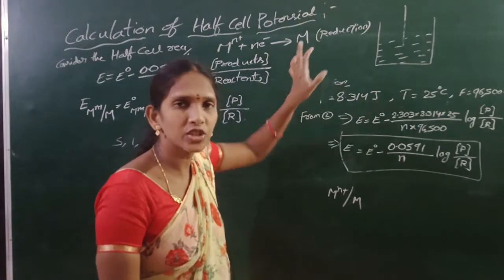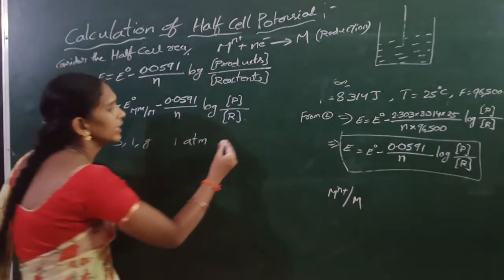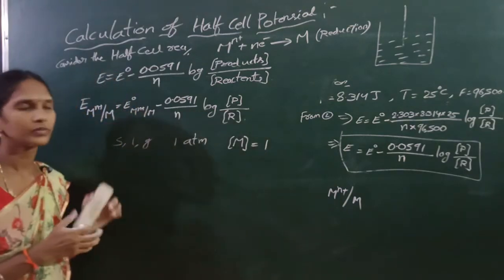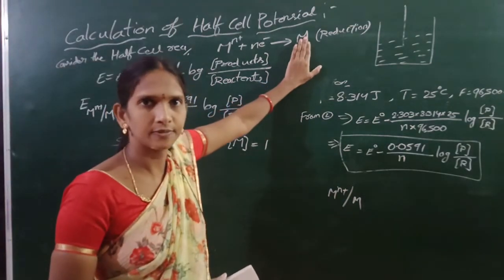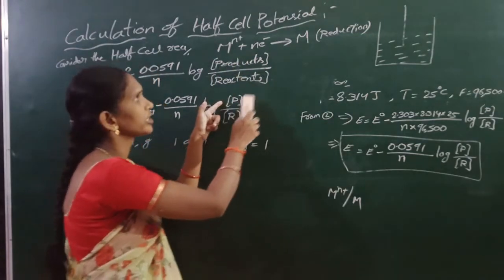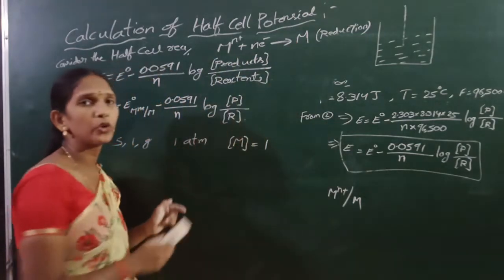The molar concentration is taken as unity. That means the concentration of M is 1. Here M means products, these are reactants. So the concentration of product is taken as unity, 1.